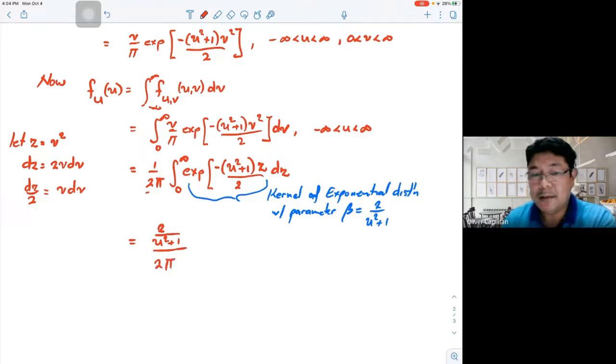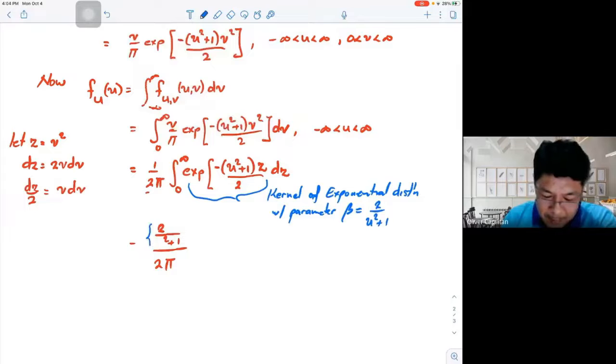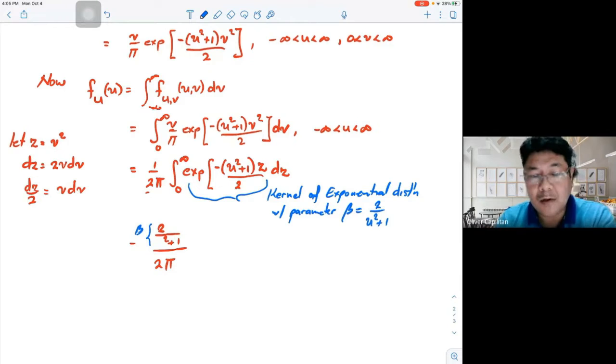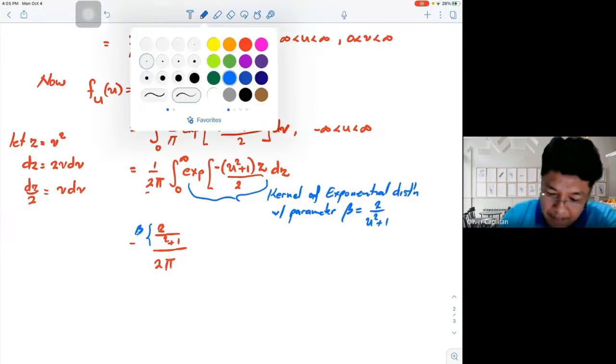Ang result niyan, the integral of 1 over beta e to the negative z over beta dz. So, using the property of a PDF, that will actually equal 1.